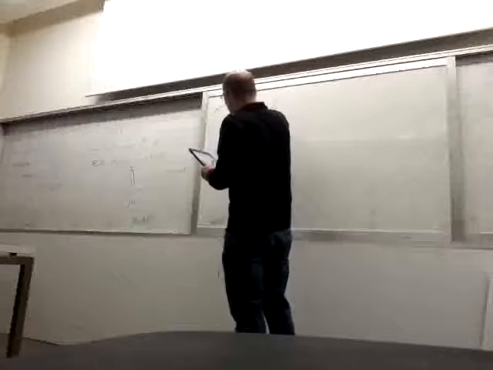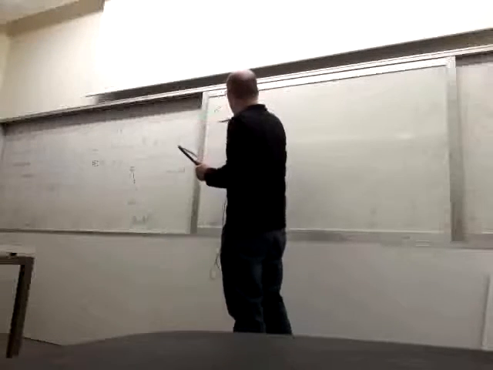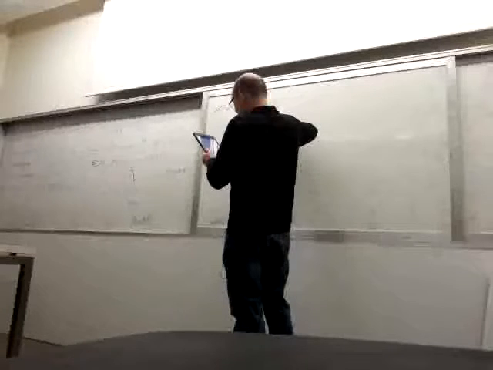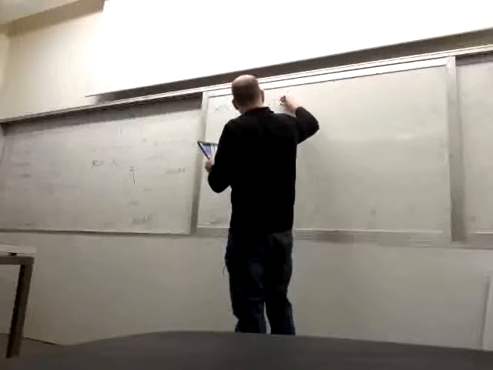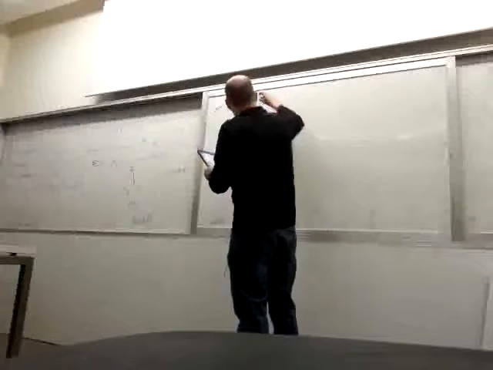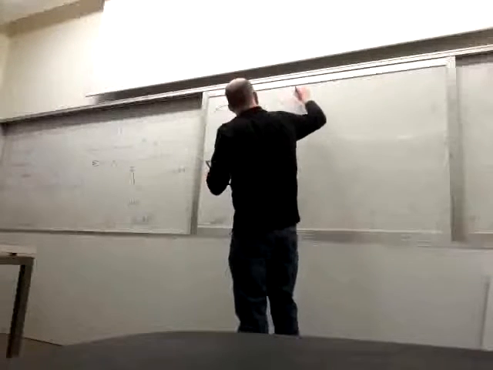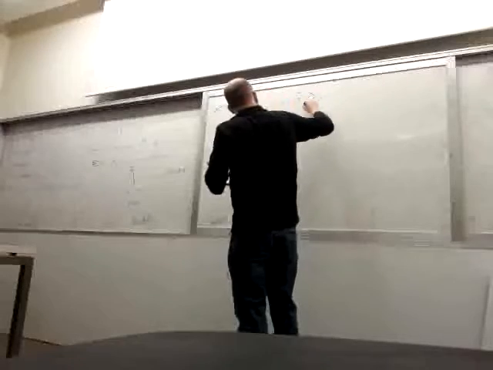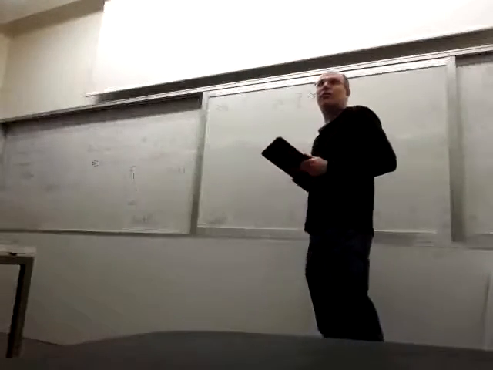I take the L, okay, this is L. I subtract the mean of L, which is the sum over i of Wi Fi of theta. I square this. And this, by definition, is the variance, right?